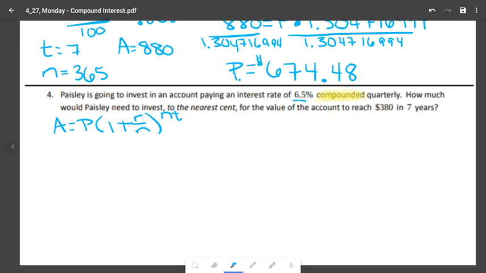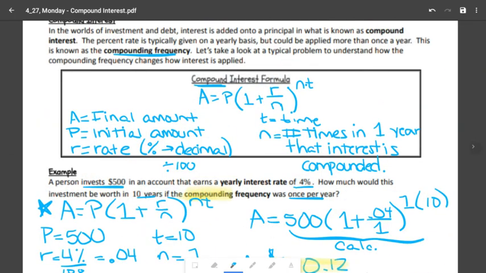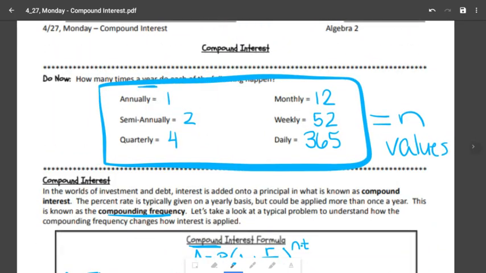So first they gave us the 6.5%. So that is my R. Divide by 100. And they said compounded quarterly. So quarterly means N is 4. If you need to, you can refer back to that chart from the front. Quarterly there is 4.